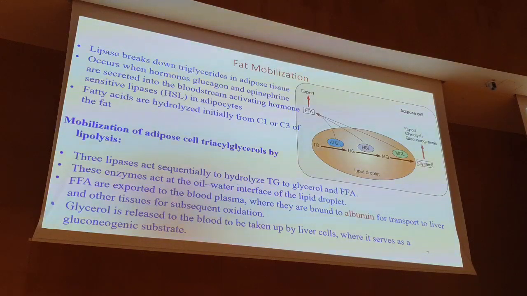So these enzymes are working from the outside in. So they are working at the oil-water interface.